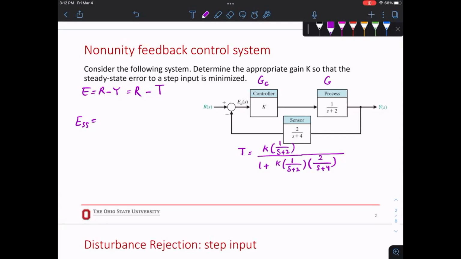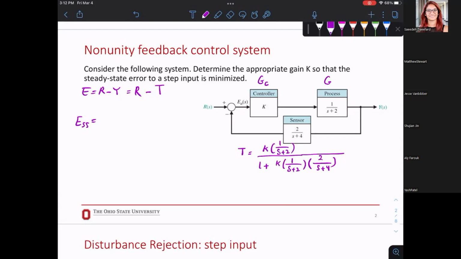I'm gonna put a black screen for a little bit. I need to find something. You have this in your lecture.